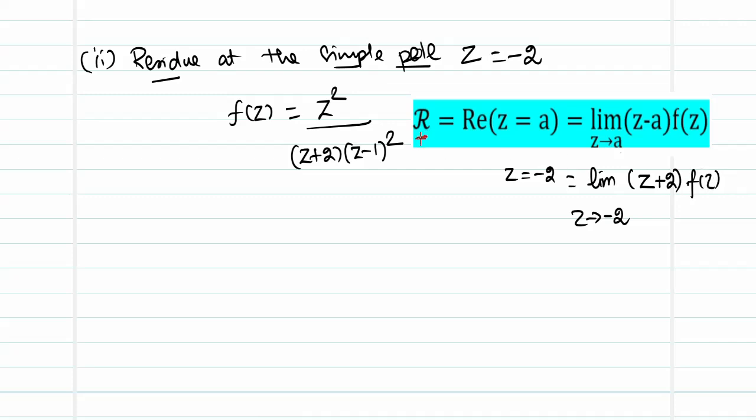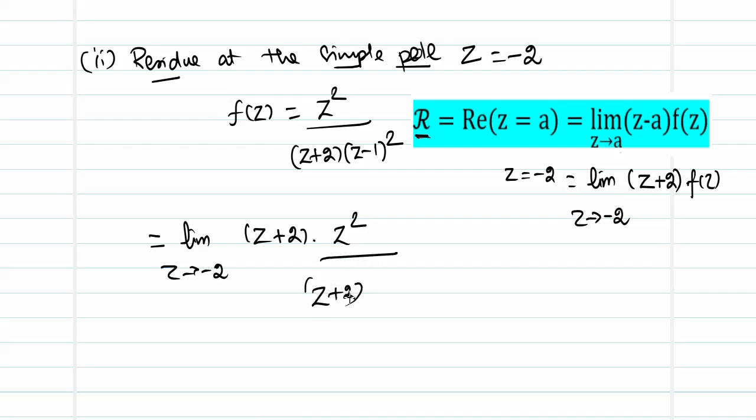This is how I will get my residue at the point z equal to minus 2, which is a simple pole. So this gives me limit z tending to minus 2, z plus 2 multiplied by the function f of z, which is z square divided by z plus 2 into z minus 1 the whole square.